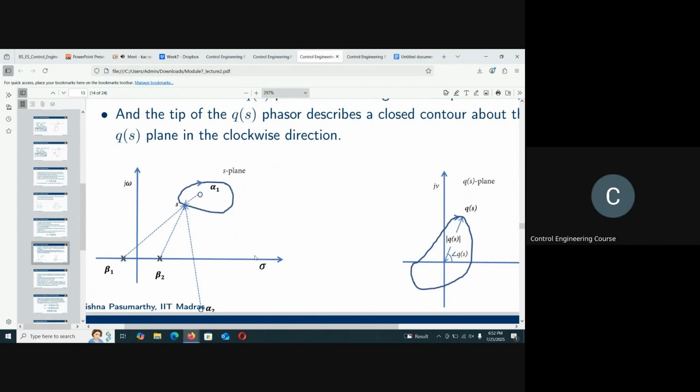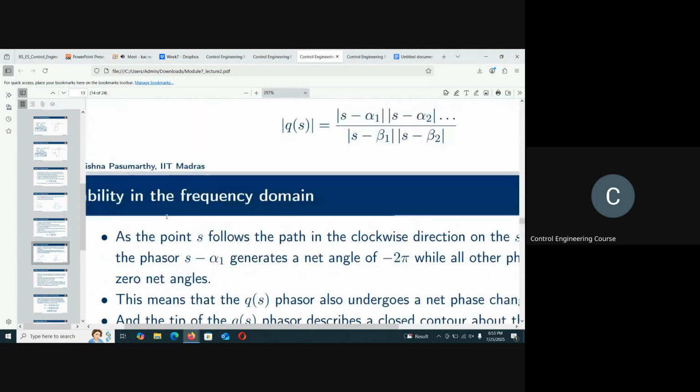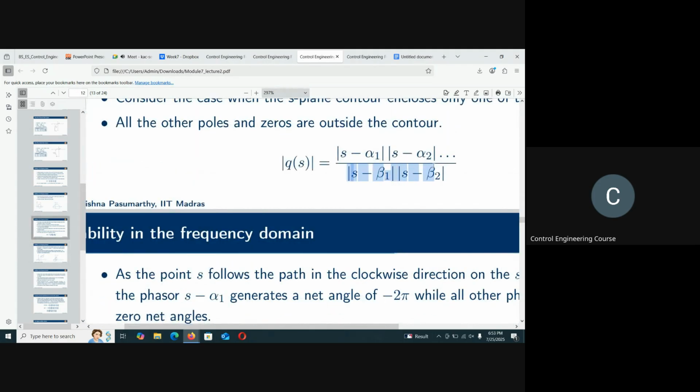Whereas for other poles, beta 1, beta 2, or other zeros, as S loops around, S minus beta only oscillates; they don't complete a full circuit. They just swing mildly. Whatever happens here, these don't complete the full circuit around the origin.